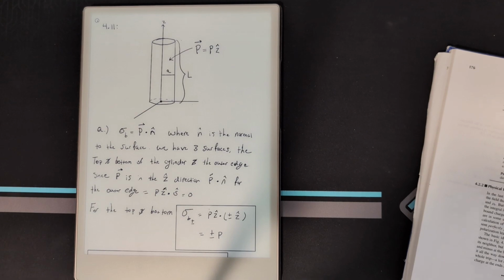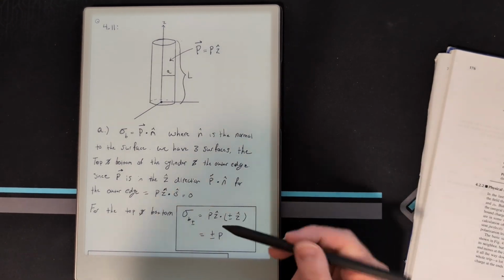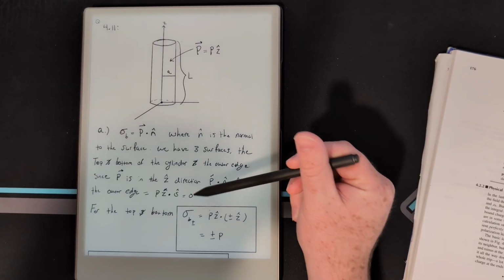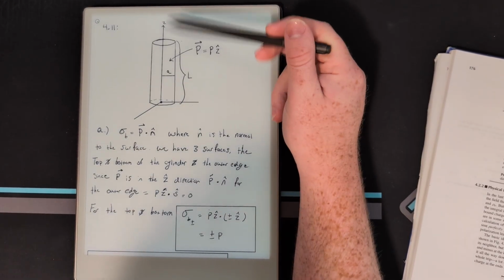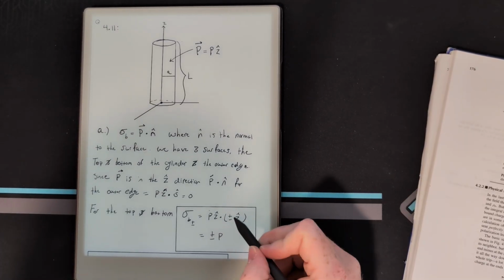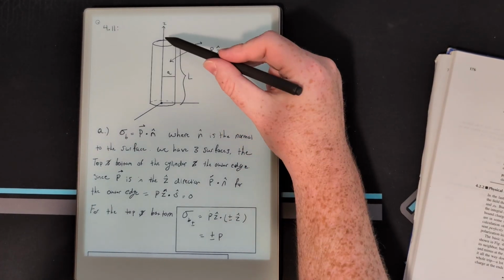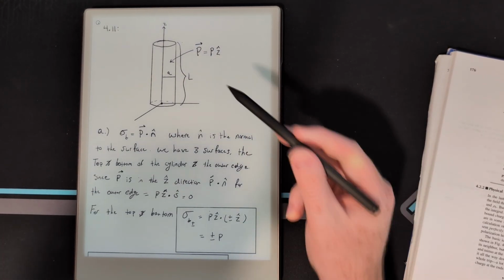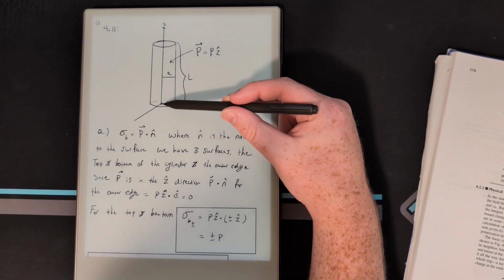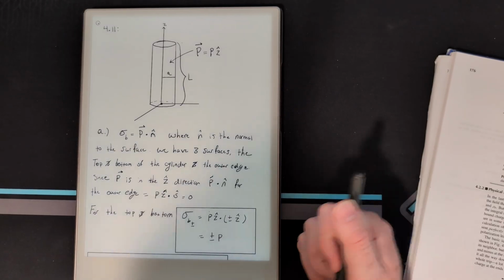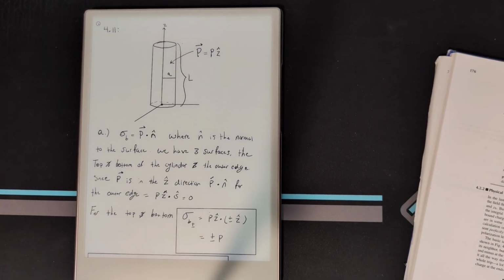So P is just some constant P. So the top and bottom bound charges are going to be P z hat dot plus or minus z hat, depending on what surface we're talking about. If we're talking about the top surface, which is the plus, then it's going to be P. If we're talking about the bottom end of the cylinder, it's going to be minus P. So we get plus or minus P as the bound surface charge of the cylinder.